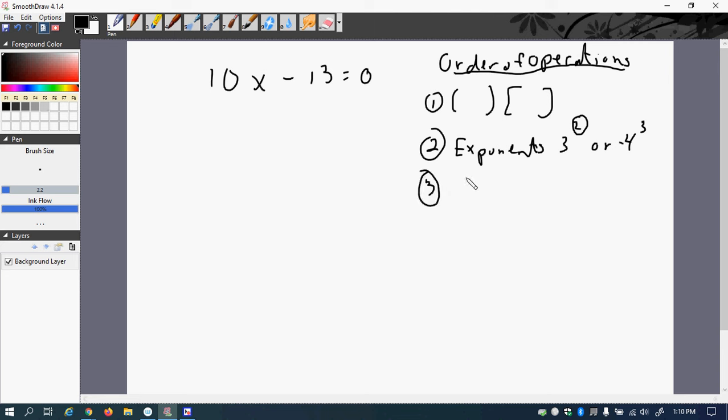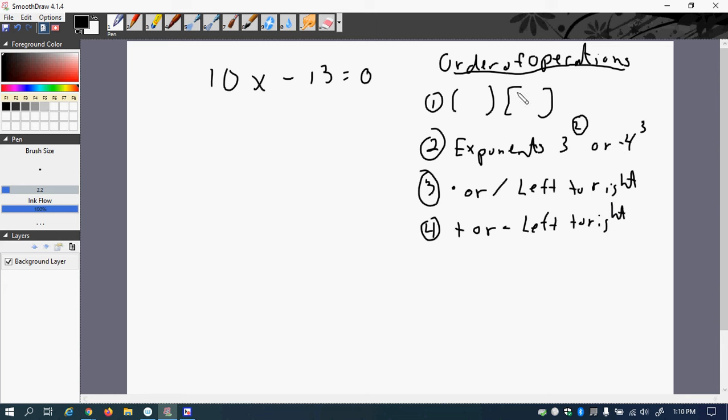My third step is multiplication or division, left to right. And I do see multiplication going on here, so that's something I'm going to do. And then the fourth step is addition or subtraction left to right. And I do see that as well here, the minus 13.